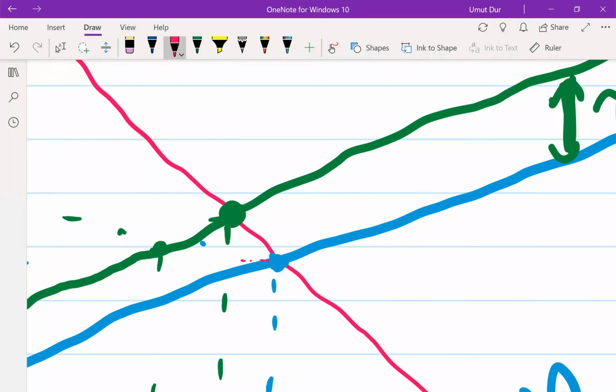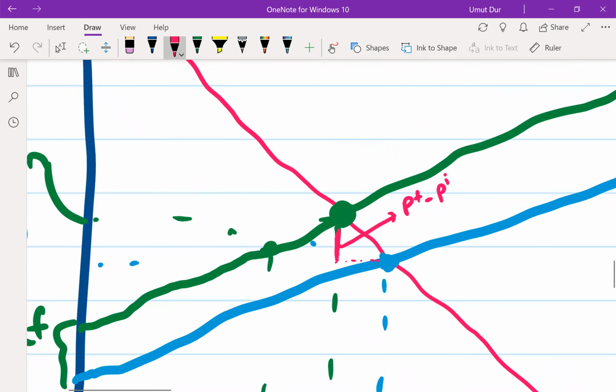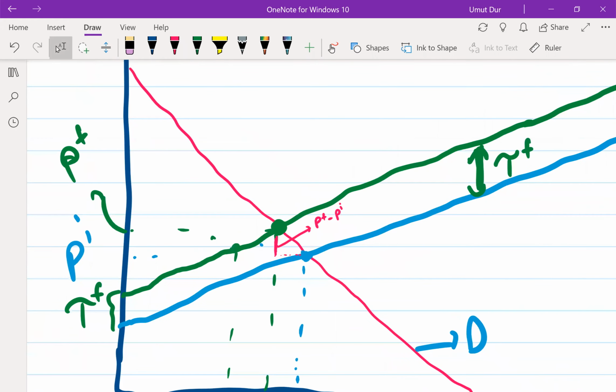If I go in this direction, this part is the difference between the prices, PF minus PI. You can just see it from here.